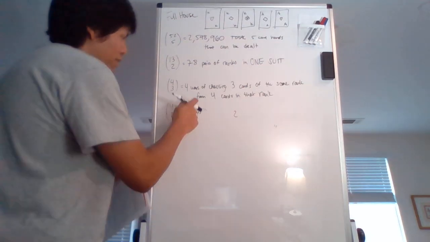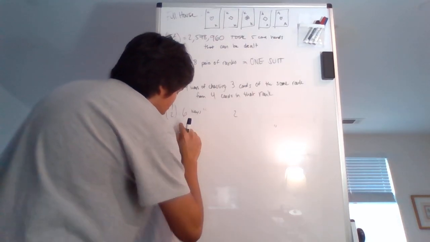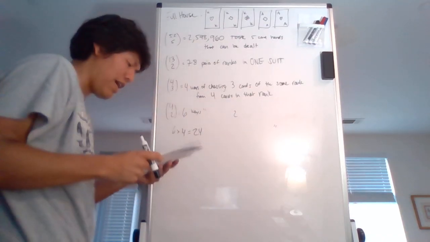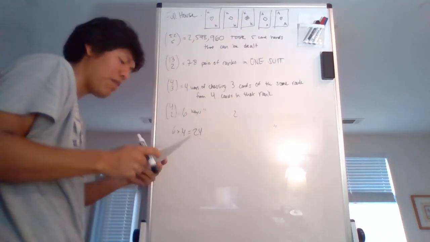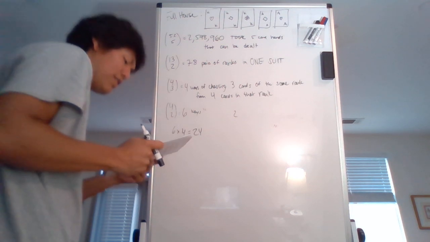Now that we have this and this, we can multiply these together. 6 times 4 is equal to 24. And that is equal to the total combinations consisting of 3 cards of the first rank and 2 cards of the second rank.